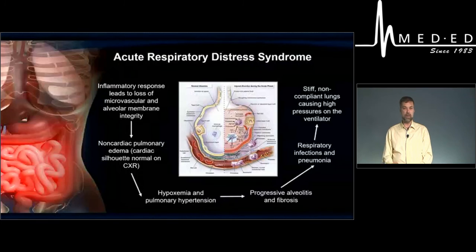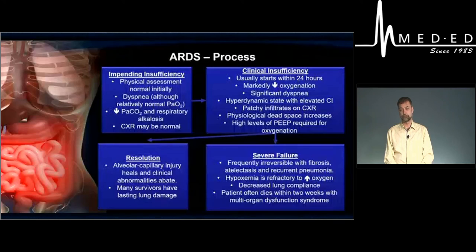And on the end, you have a pulmonary edema with stiff, non-compliant lungs, creating high pressures on the ventilator and possible secondary infections. And the patient can very well die from ARDS. Now, ARDS is often part of the multi-organ dysfunction syndrome cascade that I talk about in special considerations. This is the lung component of MODS.